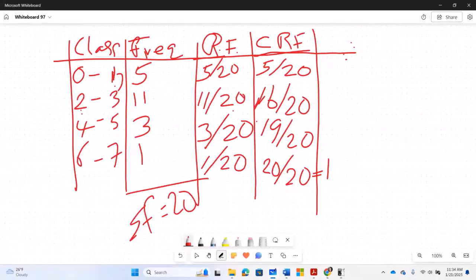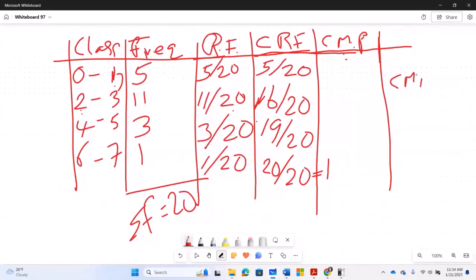So we already know a lot about this data. We know the class weight. The class weight is 2. But suppose we are told to include another column, and the name of that column is class midpoint, CMP. The class midpoint is always the lower limit of the class plus the upper limit of the class divided by 2.